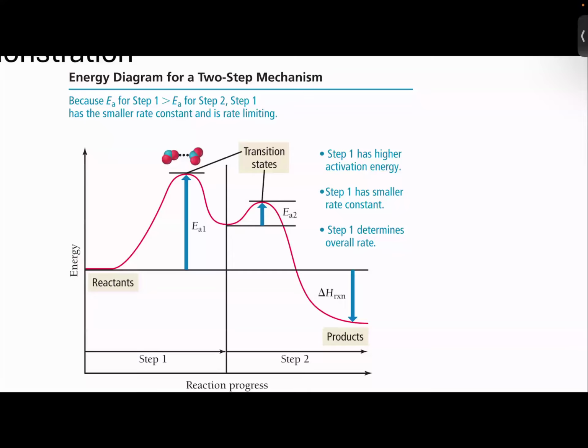Now, there are a couple of other things in this diagram. First of all, the top of the hump is called the transition state. And the trough in the middle is where our intermediates are.